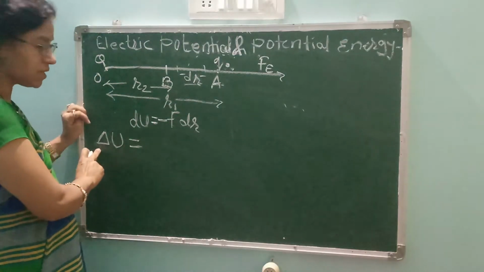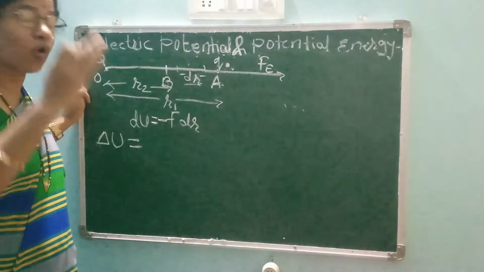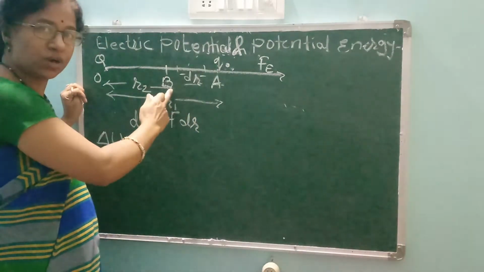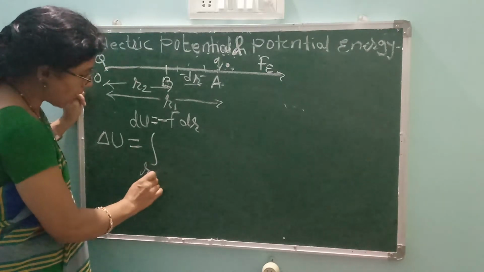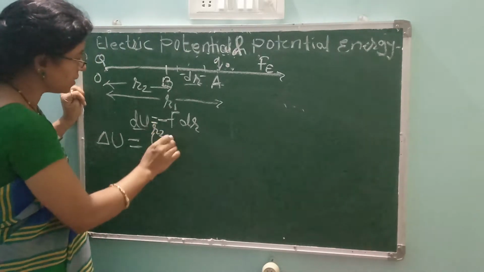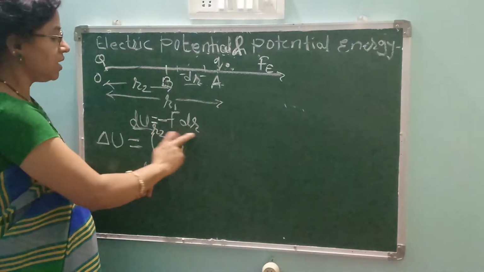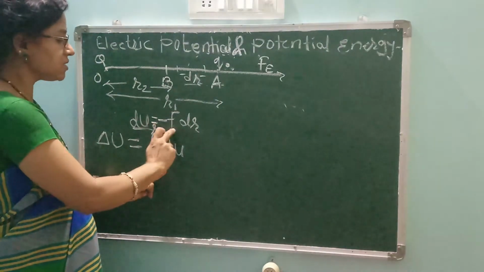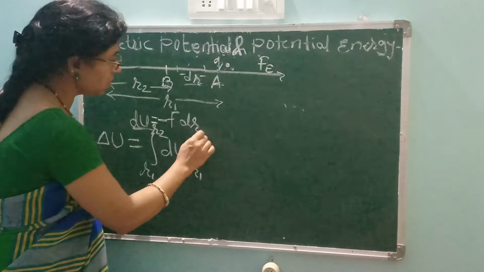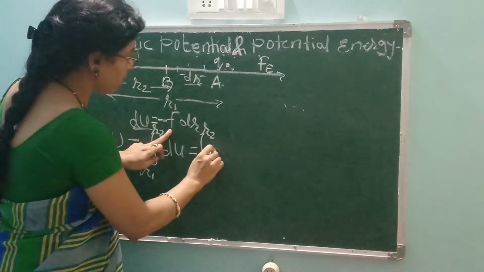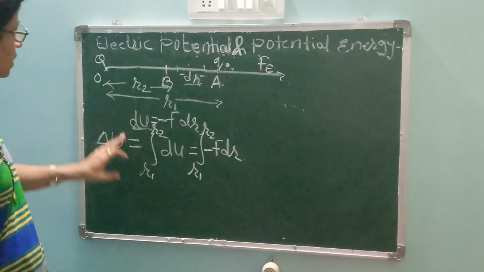It is equal to the displacement from the initial position to the final position, so we will say it is the integration from r1 to r2 of dU. यही है तुम्हारा. इसी को displacement करना है. क्या करना है? minus F dr. So it is equal to, from r1 to r2, minus F dr. Getting?